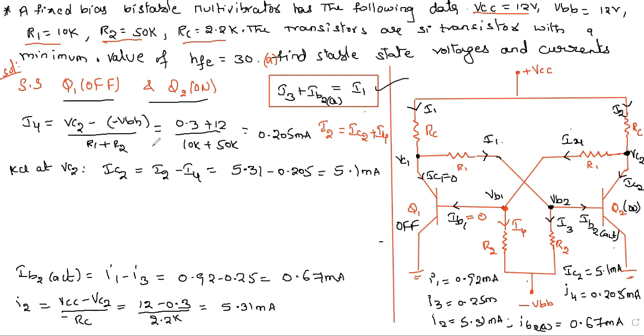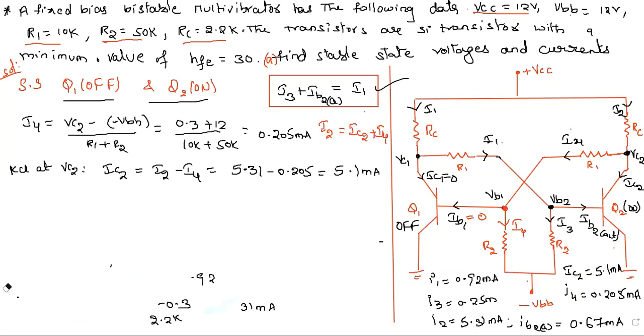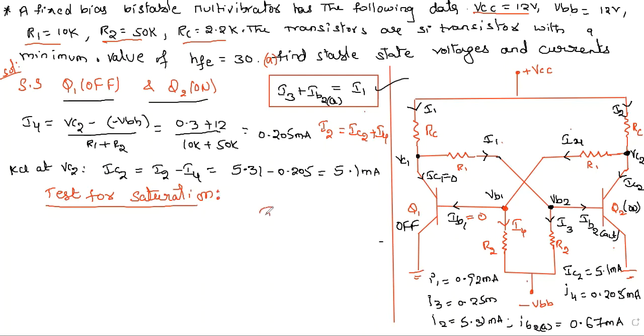Now test for saturation. How can I say that transistor Q2 is in saturation? Test for saturation means we need to calculate the minimum required current to make Q2 enter into saturation.